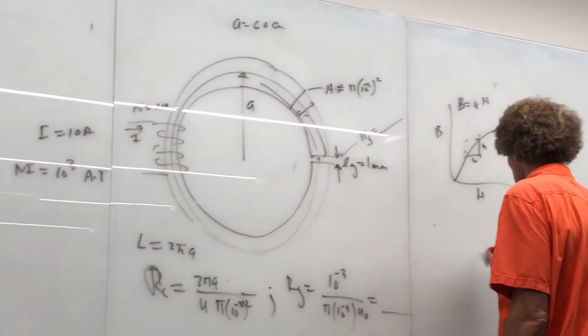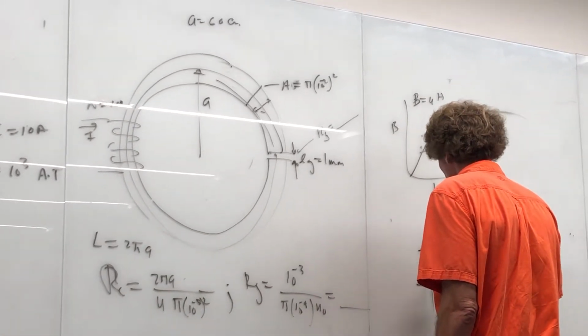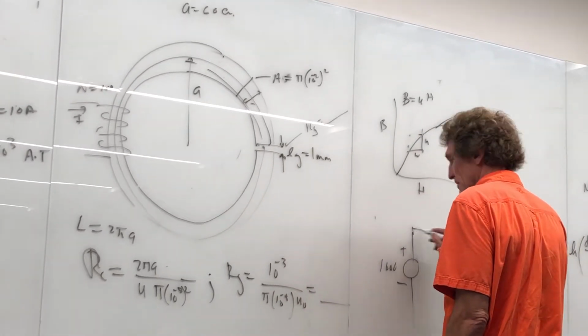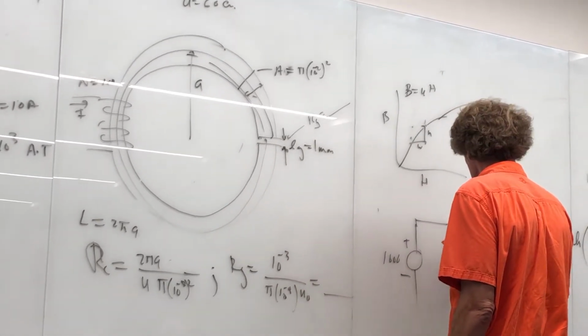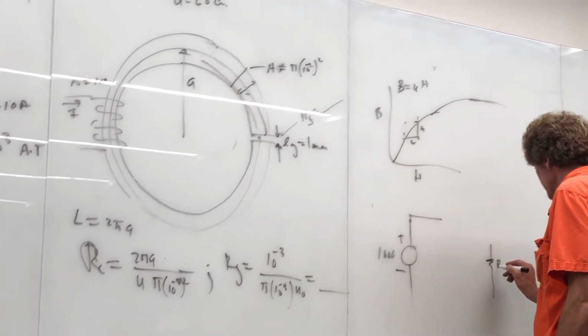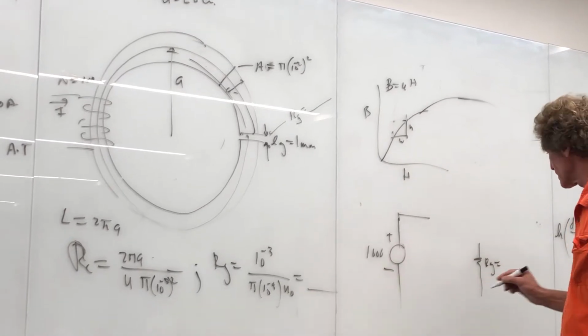Let's see, so if we're building this circuit, we have 1,000 here. Then we have this gap reluctance down here, which is going to be whatever. Can you, anybody? 2.53 times 10 to the 6th.